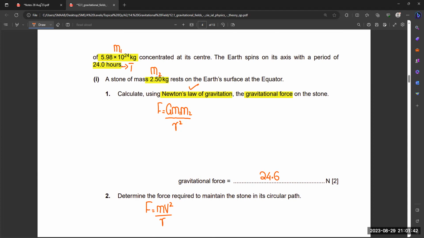Mass is given. They are talking about the stone, so we take the mass of the stone, and velocity will be equal to 2 pi r over capital T, right? So 2.5 multiplied by 2 pi r, because there is a square on it, and divided by the time period.